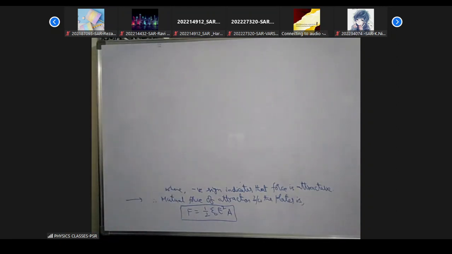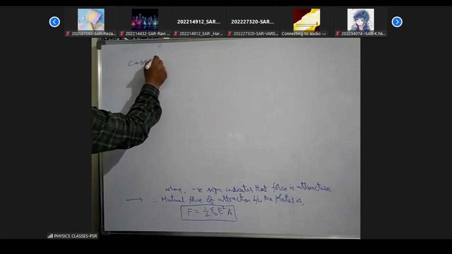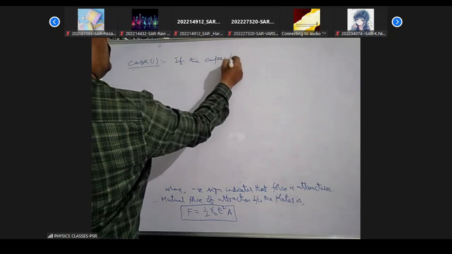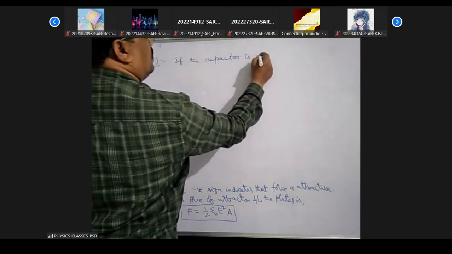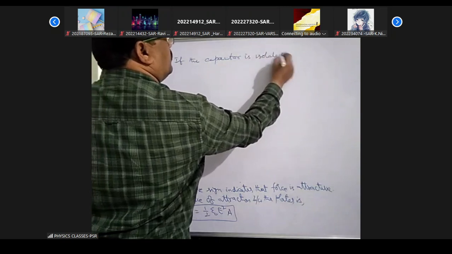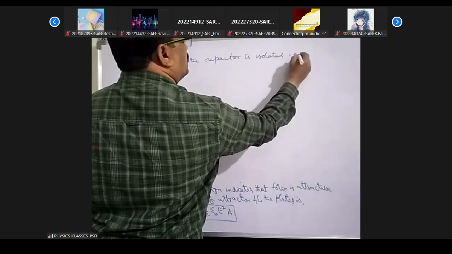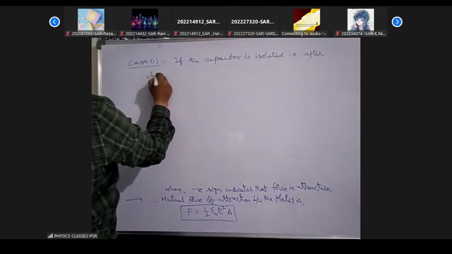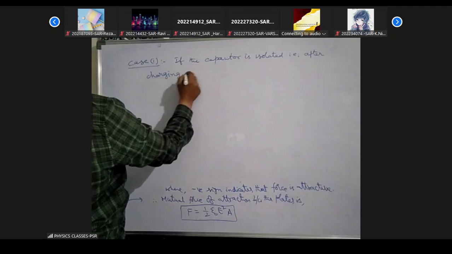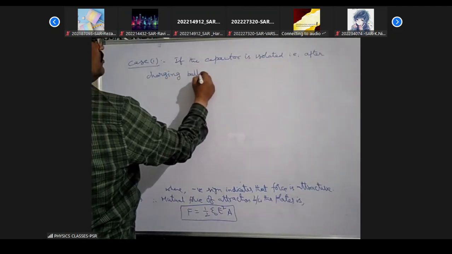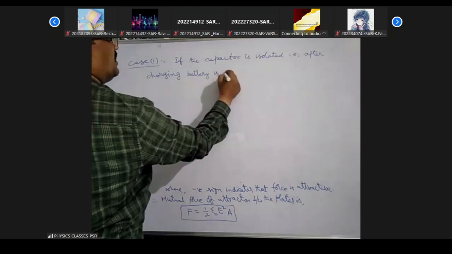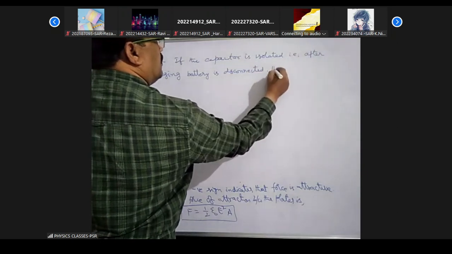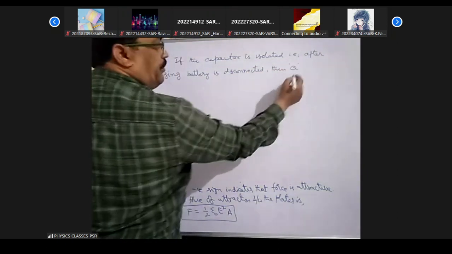Case 1. If the capacitor is isolated, that is, after charging, the battery is disconnected, then Q is constant.